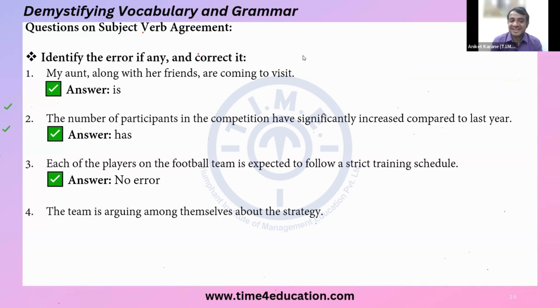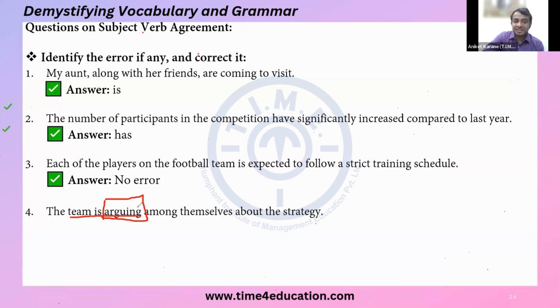Read the sentence, please. It's not no error. Chalo, I'm giving you, it's not no error. Why is it not no error? Only one of you has answered correctly. So basically, if you look at it, the team is arguing. Arguing means what? They are having a fight, right?